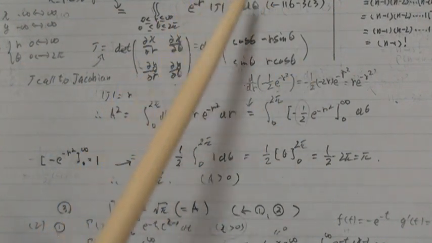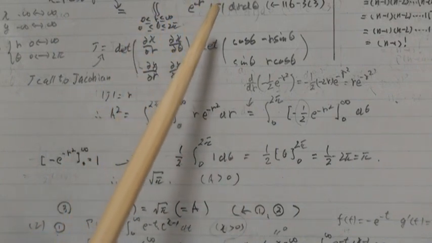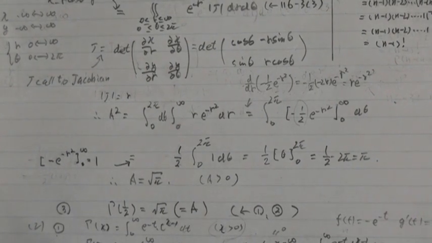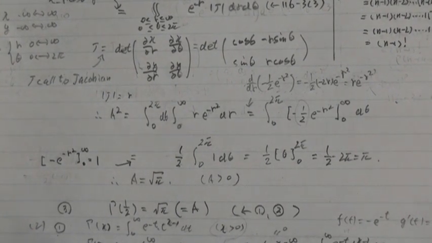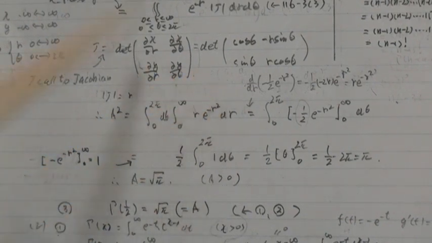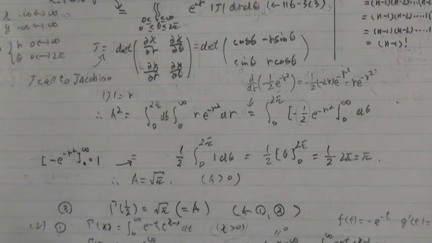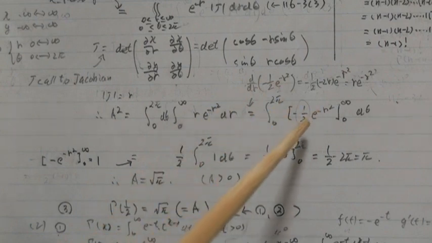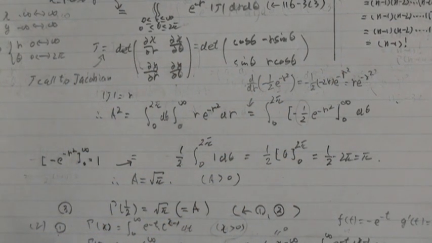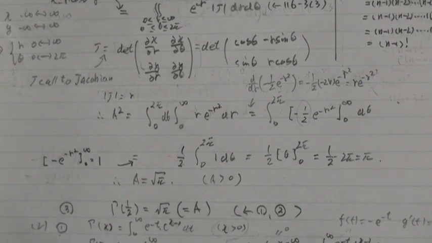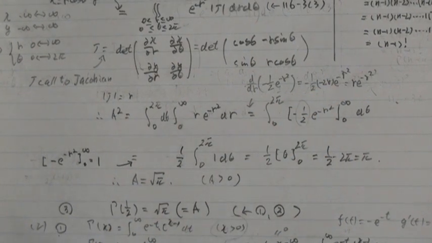This is e^(-r^2) r dr d theta. For this, the derivative of e^(-r^2) is minus 2r e^(-r^2), so the integral gives minus 1/2 e^(-r^2) from 0 to infinity, times the integral from 0 to 2 pi of d theta.